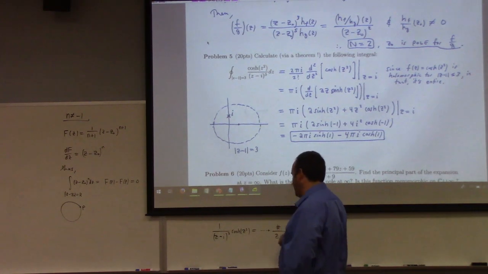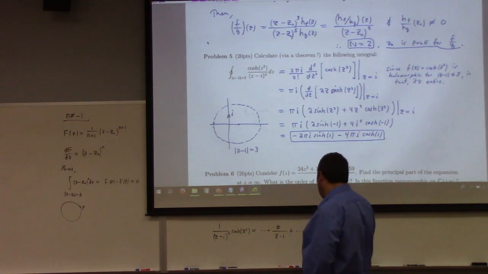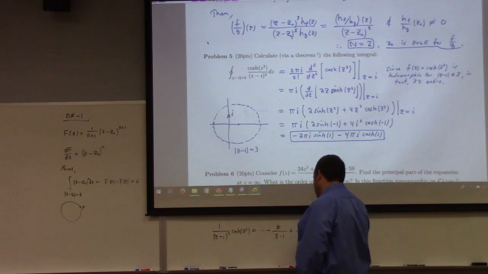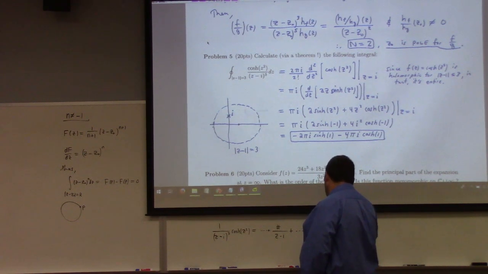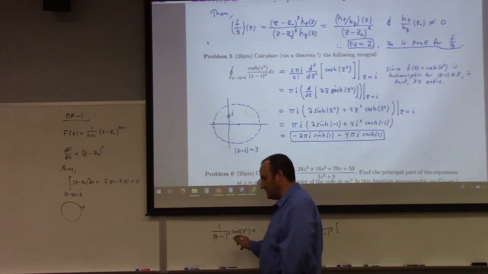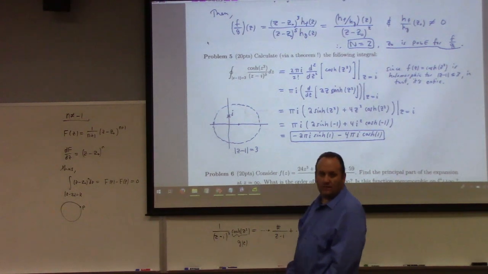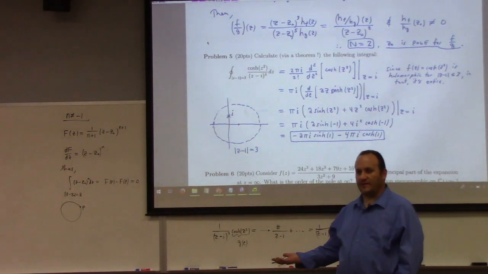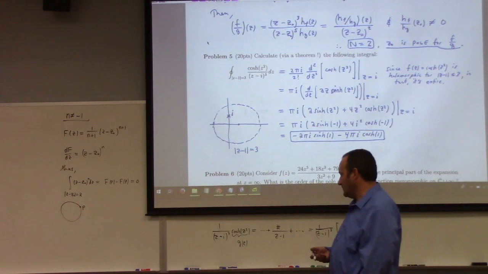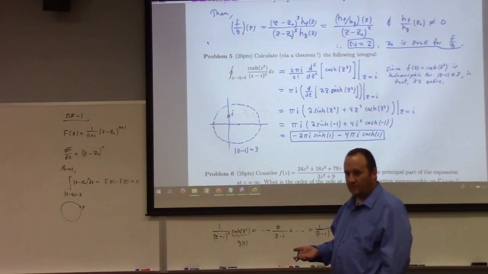You're after that, whatever that is. So if you look at that, you could look at this as z minus i cubed, and then cosh of z squared, let's call it g of z. What is that? That's holomorphic at i, is it not? That's an entire function, so great.